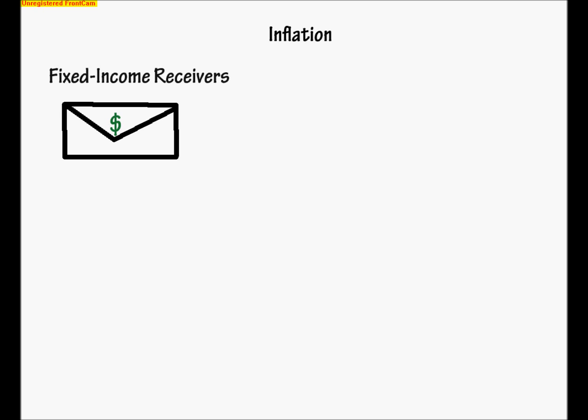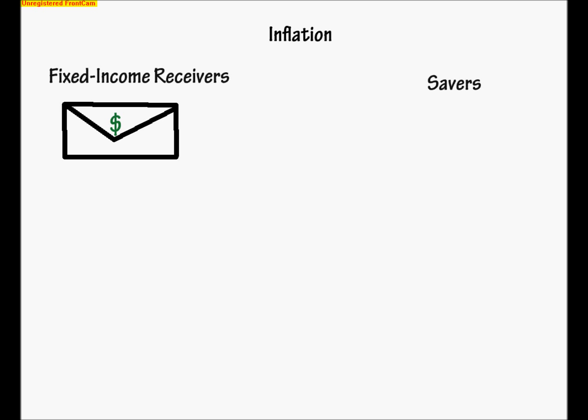The problem is that if there's inflation, the amount that money is actually worth in terms of how much you can buy decreases. So even though a fixed income recipient is still getting the same amount of money, they're unable to buy the same amount of goods.